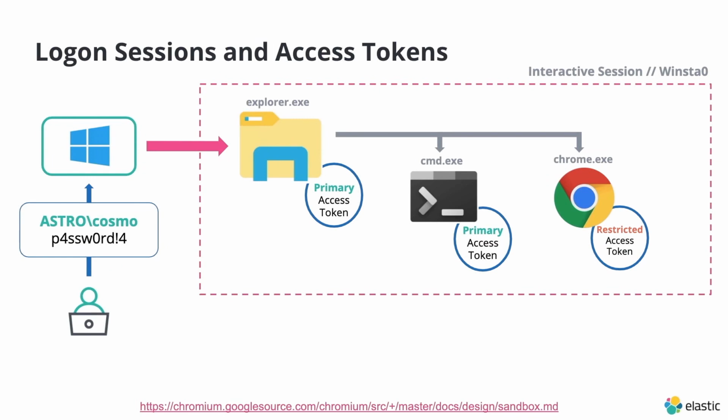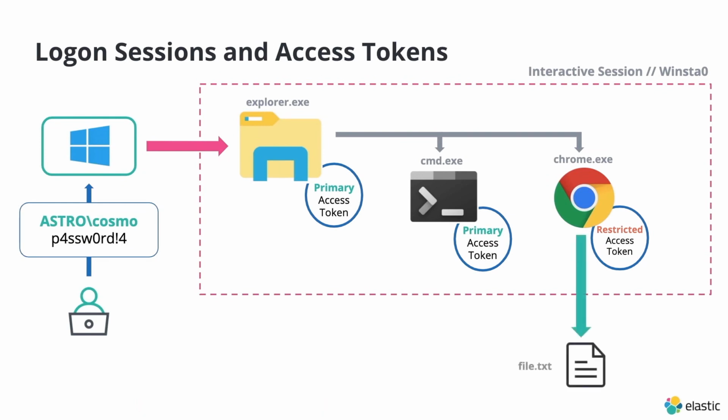And the reason why this is so important is that the access tokens are the fundamental component of Windows security. So whenever a process or a thread attempts to access some securable object managed by the kernel, whether it's a file, process, or thread, Windows will do an access check, and it needs three things to do this. It needs the authorization attributes in the token, which in this case will be a restricted access token.